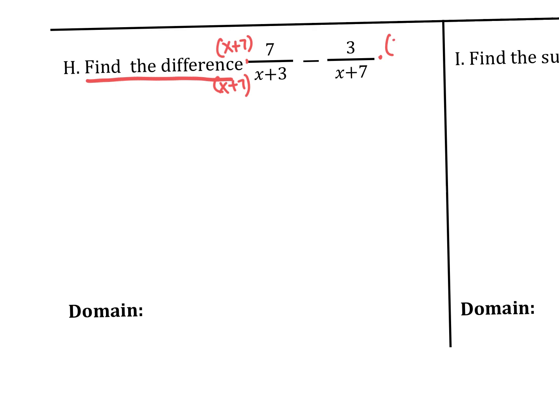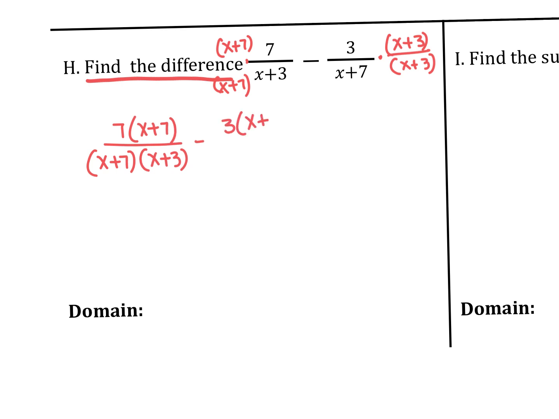And for this one, we multiply top and bottom with x plus 3. Next, we have 7 times x plus 7 over x plus 7 times x plus 3 minus 3 times x plus 3 over x plus 3 times x plus 3.